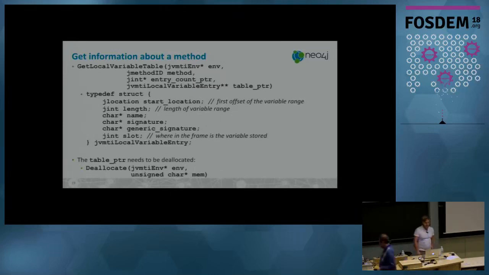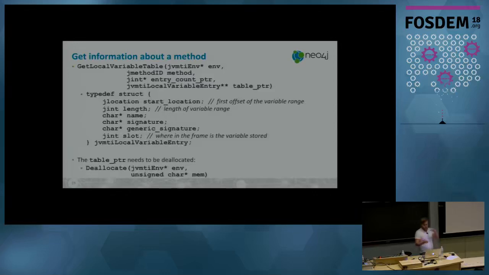That gives us another little array of structs that contain information about where in the method, at which bytecode offsets the variable is valid, what the name and signature of the variable is, and also which slot it's stored in. This returned table pointer needs to be deallocated, so we need to use the deallocate API once we're done with it.